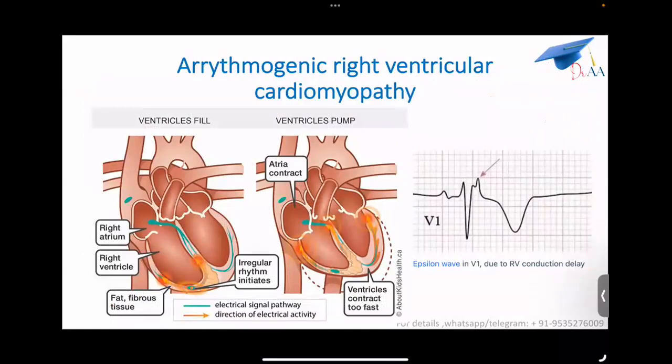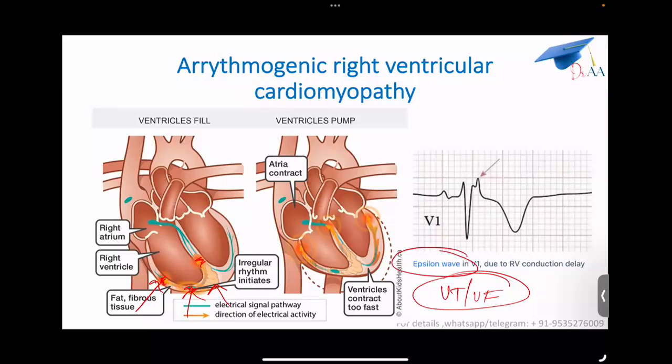Next one we are seeing is a condition known as arrhythmogenic right ventricular cardiomyopathy. What happens here is fat tissue gets deposited in the right ventricle. Due to this deposition of fat tissue in the right ventricle, they are predisposed to VT and VF. They have a classical ECG finding known as the epsilon wave.